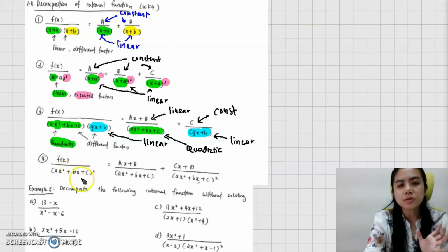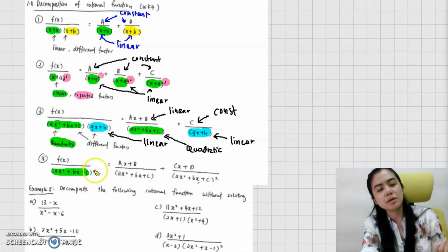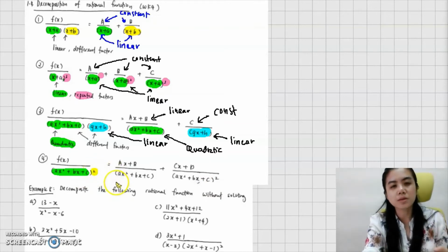Okay, the fourth type is that you will have only a quadratic, but this quadratic is being repeated. This quadratic has been repeated twice.